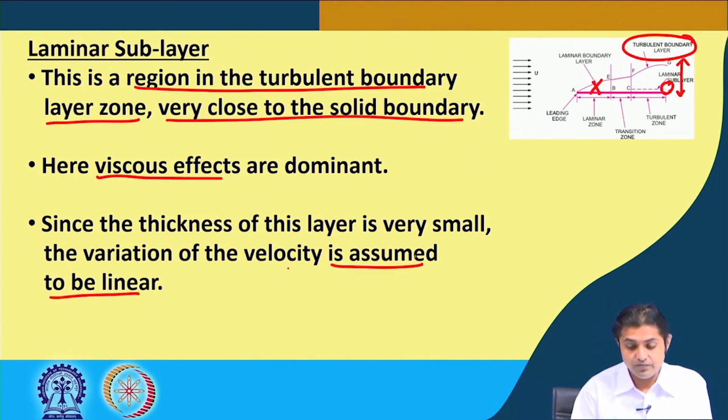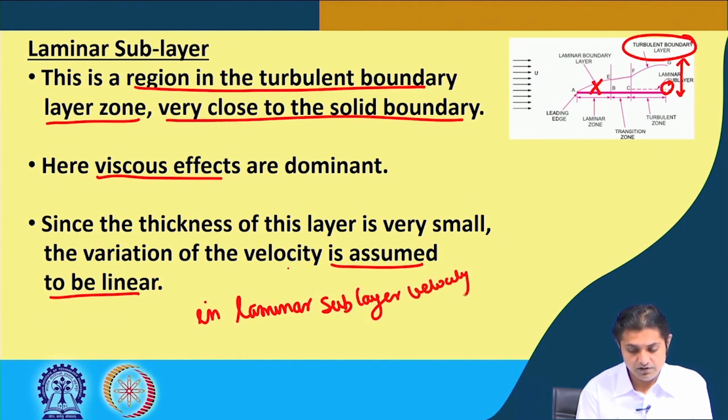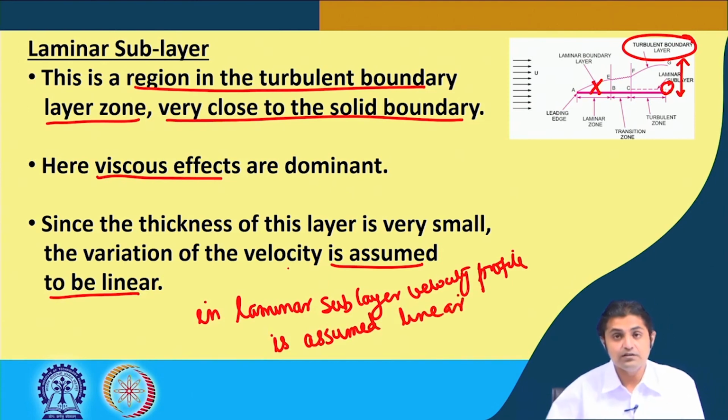Okay. So, in laminar sublayer the velocity profile is assumed linear. Linear with respect to what? With the distance, increasing distance linear. That means with increasing y.